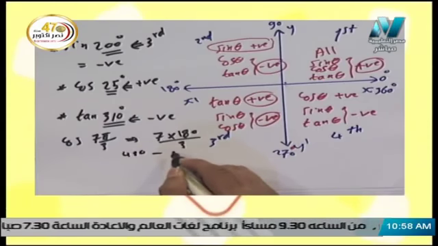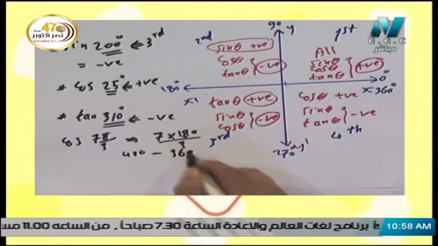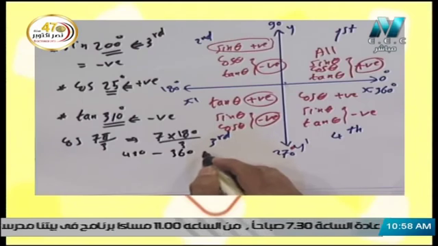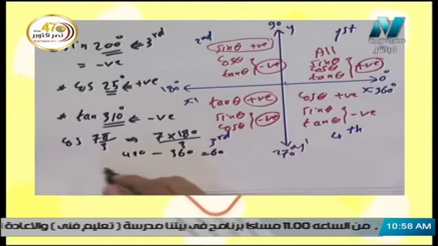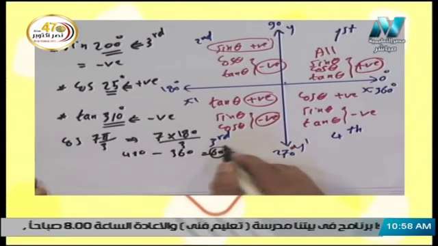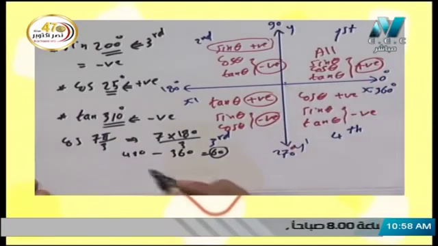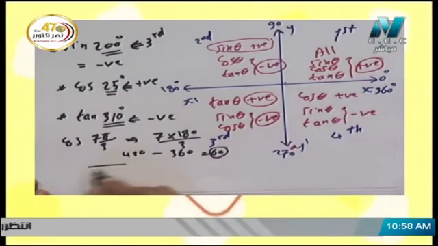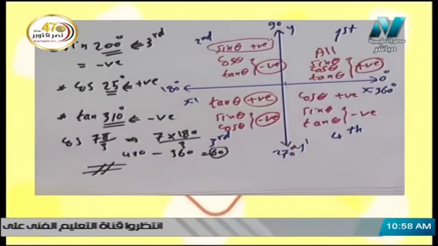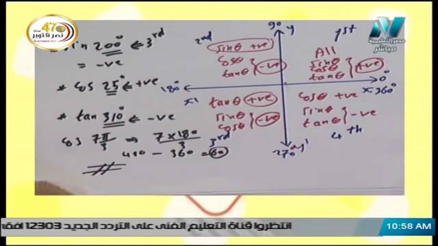If we subtract 360 from it, one turn, it will be 60. So 60 lies in the first quadrant, and of course its cosine will be positive. Okay, and so on. So we now talked about the positive or negative sign of the trig functions.